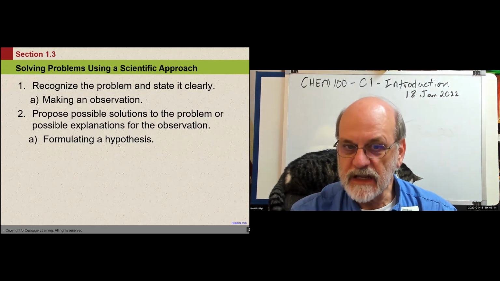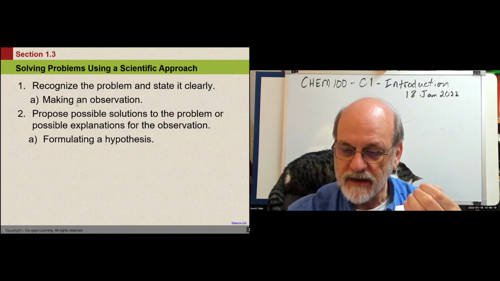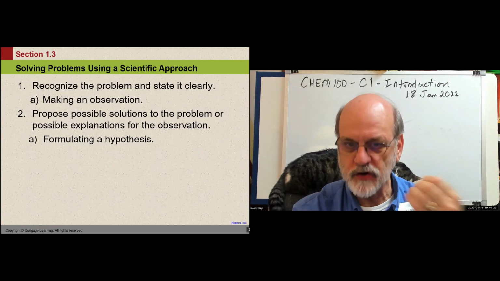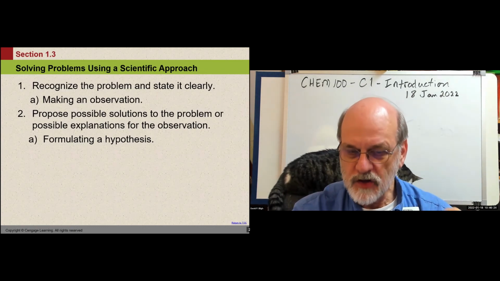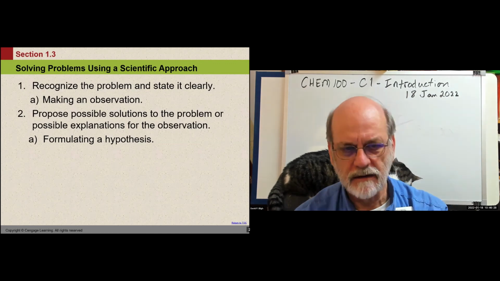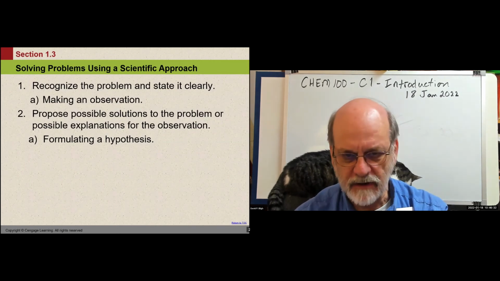The first one is, what is the problem? In other words, you see something that you're curious about, right? That first step, curiosity. You make an observation. You say, this is happening. And naturally, you want to say, how come it's happening? Why is it happening?